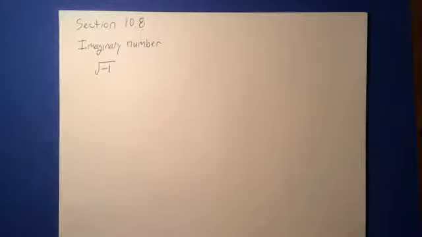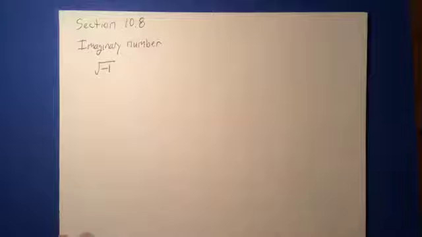We've talked about before that there's been no way to do this. And usually what you'll see in the textbooks is that there's no real solution. And that's true. So there's not a solution in the real number system. So what we have is a solution for this in the imaginary number system.